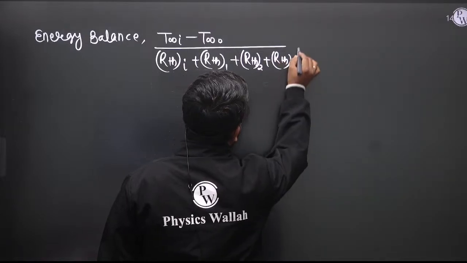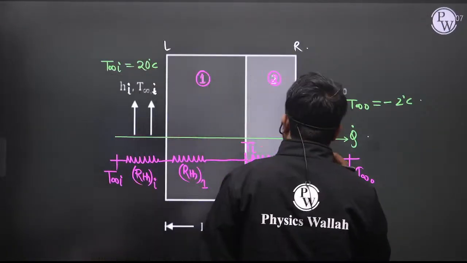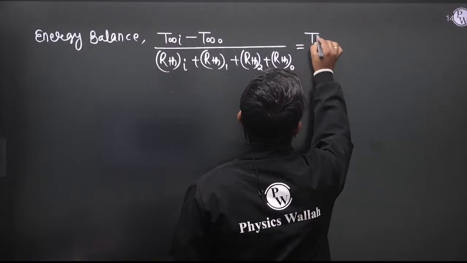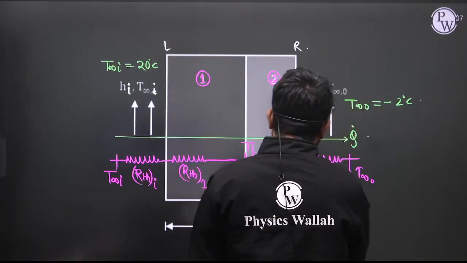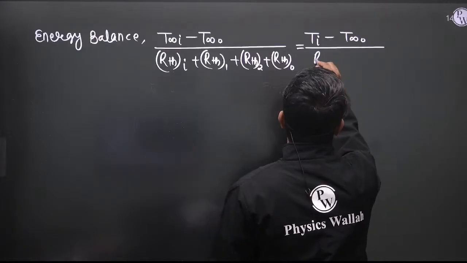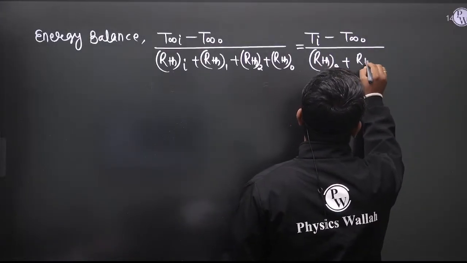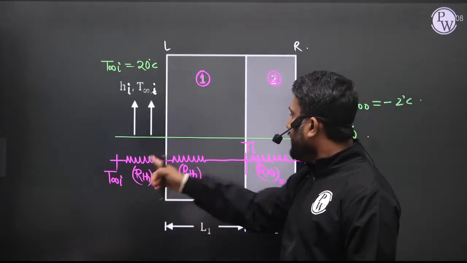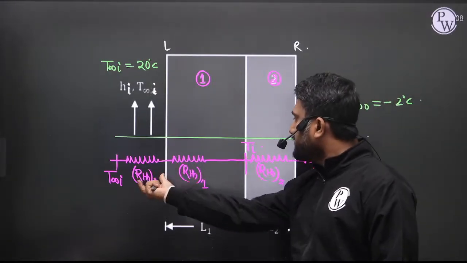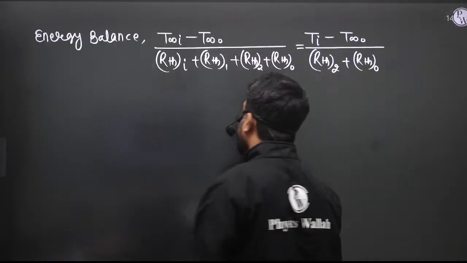And what is the unknown here? The unknown is Ti. So we can write Ti minus T infinity 0 divided by this resistance plus this resistance, that is R_th2 plus R_th0. You can also equate this to T infinity i minus Ti upon this plus this. Okay, so can anyone tell me?